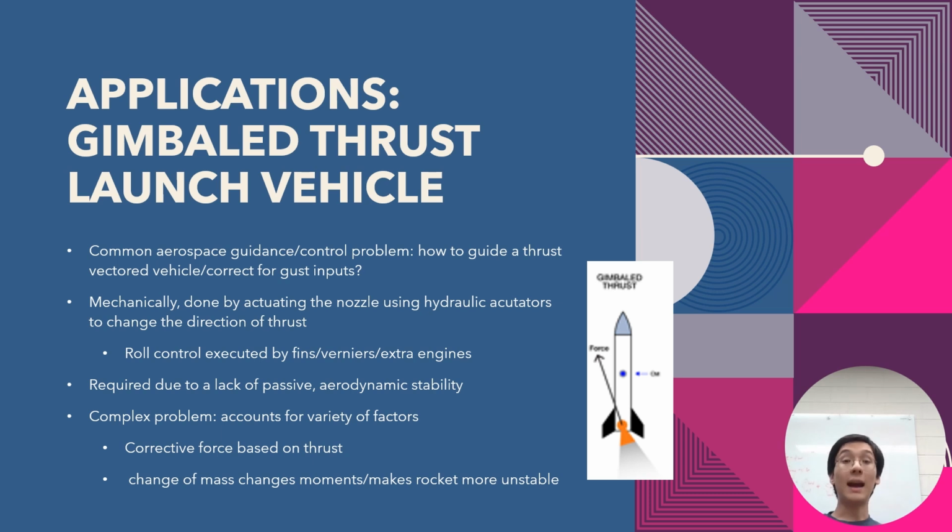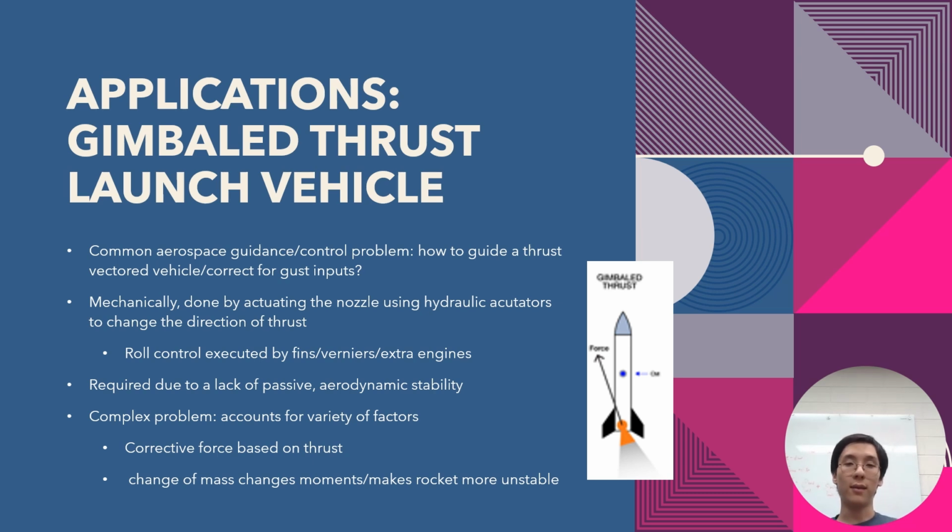One big application that I want to talk a little bit more about is the gimbal thrust launch vehicle. This is a very common aerospace guidance and control problem: you have a rocket with a gimbal thruster, like with your lander, but you have to deal with aerodynamic stability at the same time. That's done mechanically by actuating thruster controls using hydraulic actuators or something else, and executing roll control with some other method.